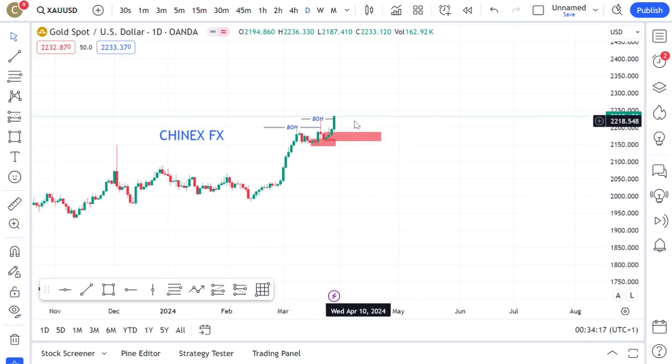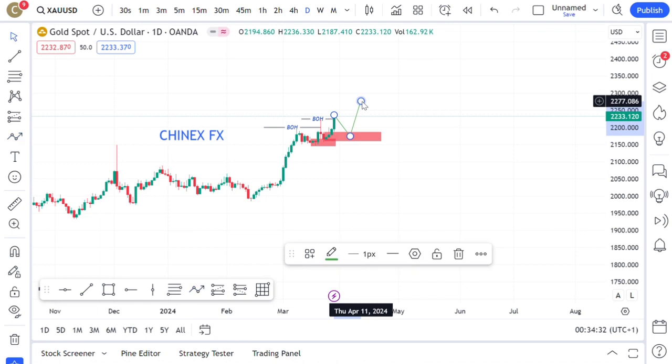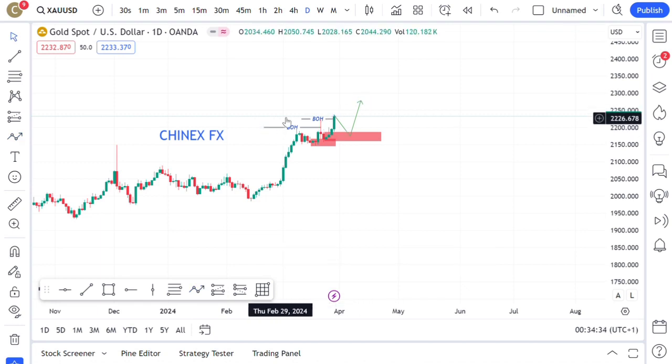So what do I expect? How do I expect price to react? I expect price to retrace into this order block, then it moves to the upside. That is, it continues its movement to the upside. And also take note that gold price is at an all-time high, so we don't have any unmitigated supply left that price has to respect.